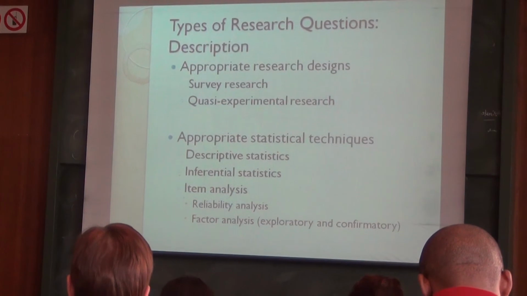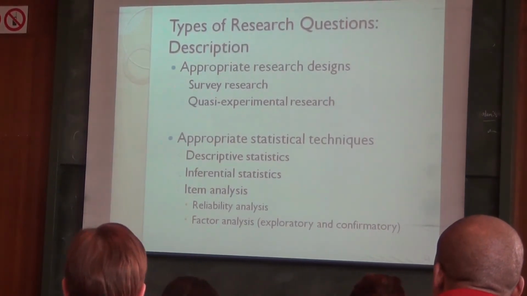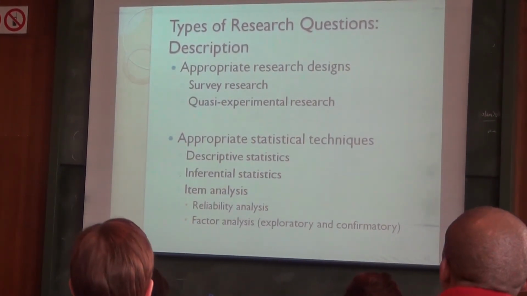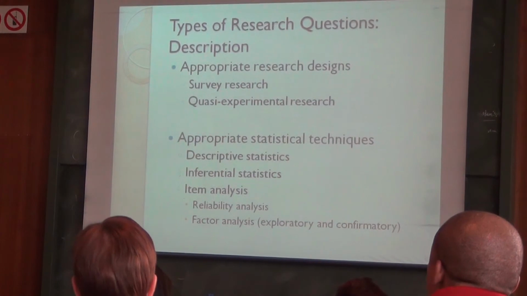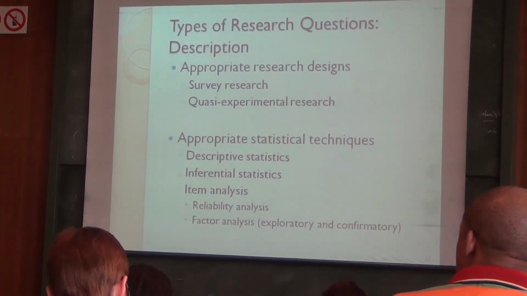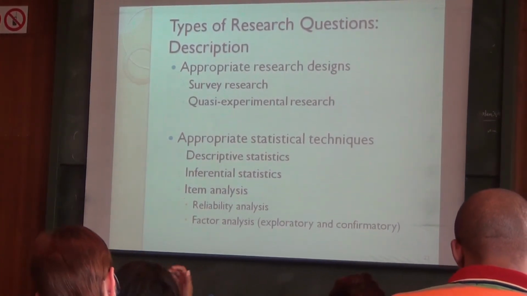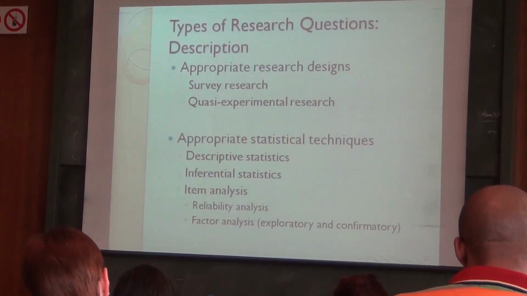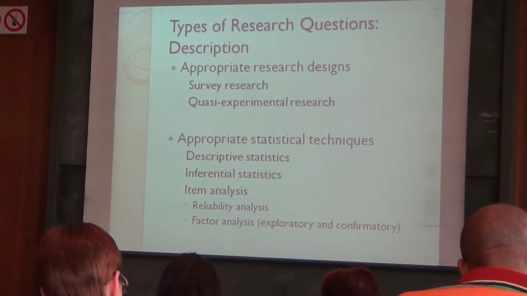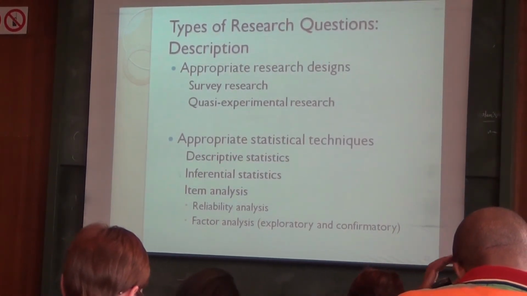Okay. So if your research design is description, then what is the most appropriate research design? If you want to describe something in detail, meaning you want to describe relationships, you want to describe differences, then obviously you can go for survey research designs because you would like to get a large number of respondents that you can test for those relationships.